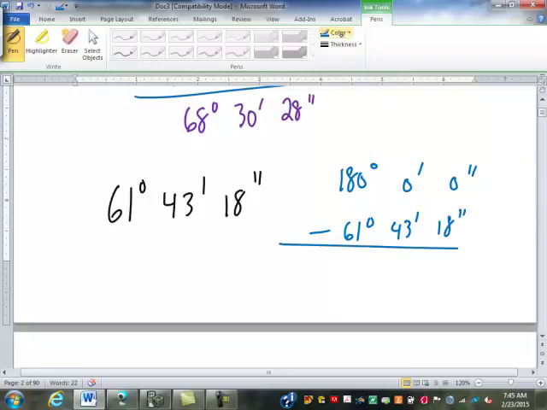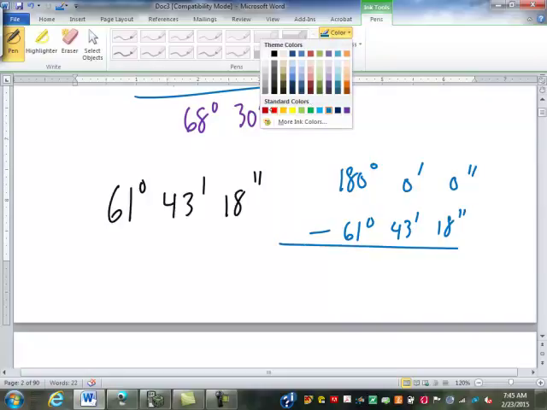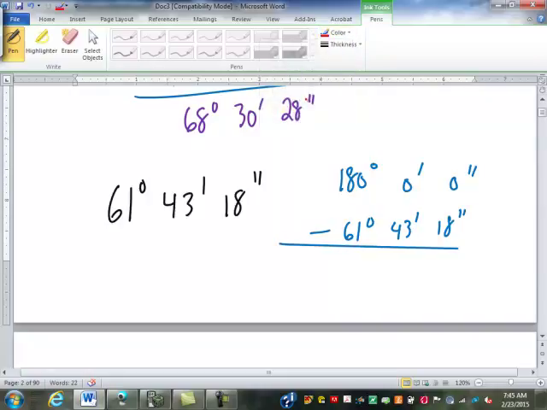And we're going to subtract. Talk me through it. Let's see. Put it in your calculator and I'll do it.